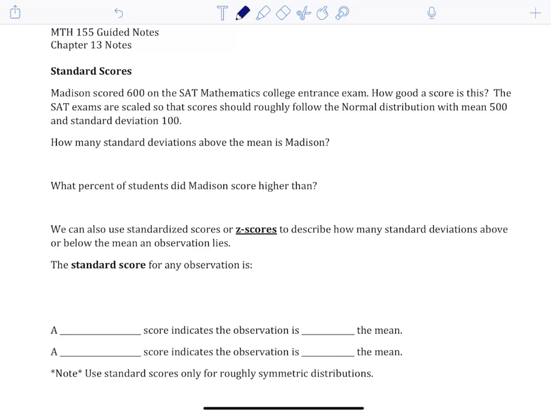So how many standard deviations above the mean is Madison? Well, if the mean is 500 and she is 100 above that, that's exactly 1 standard deviation.